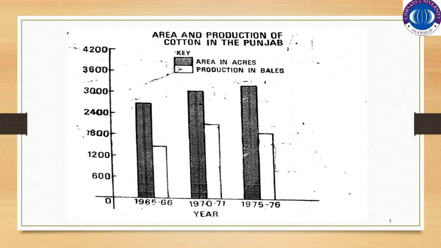This filled area is representing the area in acres, and this multiple bar is representing the production in bales, and each bar is corresponding to a characteristic of the variable, which is the year.